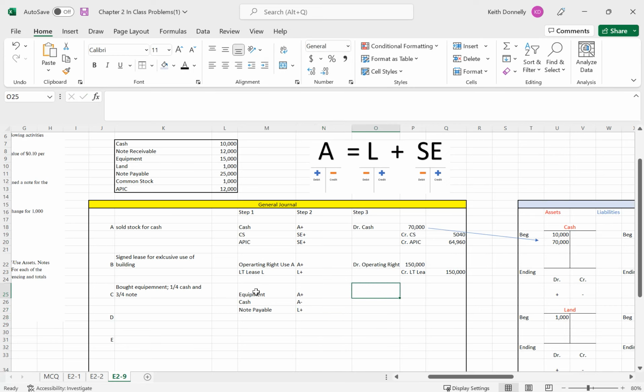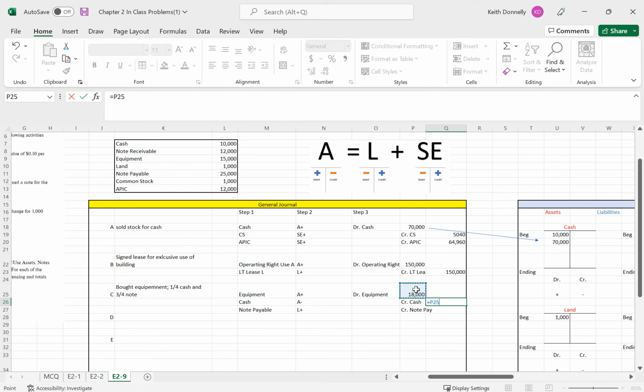So if we were to do the journal entry, it would be debit equipment in this case for, let's see how much we paid, looks like $18,000, right? And we're going to credit cash and credit note payable. Now again, they don't give us the numbers here. We have to kind of back into this.